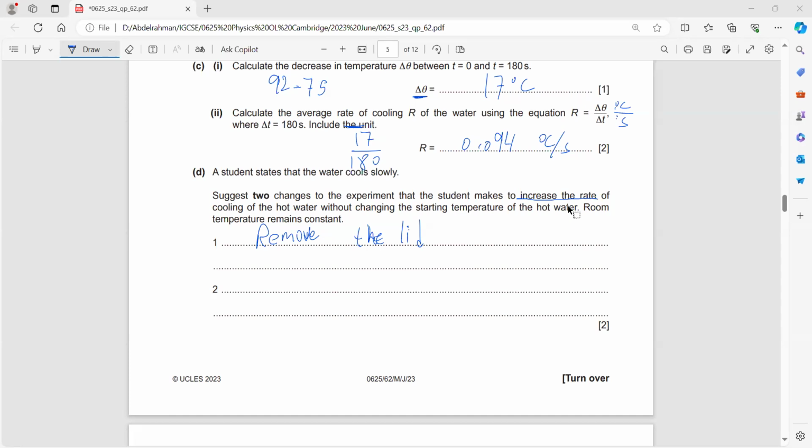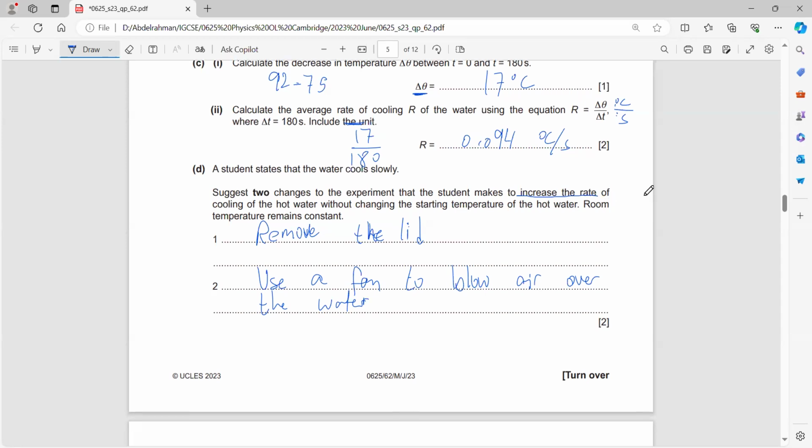I can use a fan to blow air over the water. If I have a cup of coffee, for example, and I want it to cool very quickly, I can blow some air above this cup of coffee.